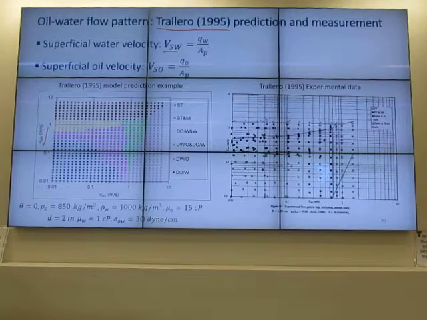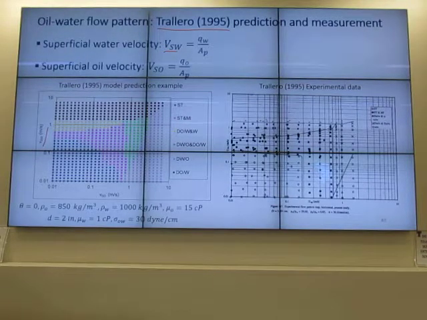Superficial means it's not real. Superficial water velocity is defined as water volumetric flow rate QW divided by AP. AP is the pipe cross-section area. And VSO is QO divided by AP.